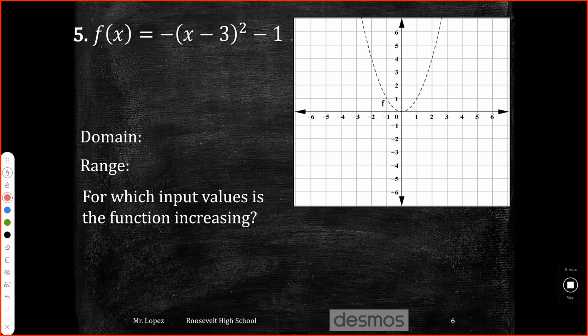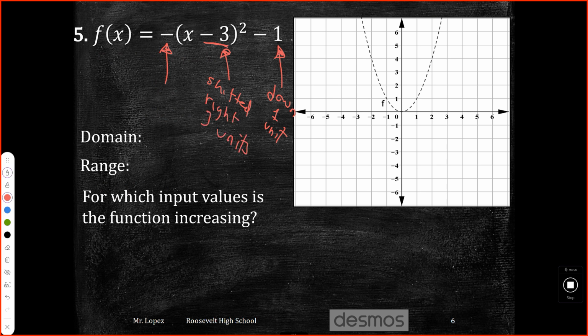Problem number 5. This one has 3 transformations. It's going to be upside down because of that, shifted to the right 3 and down 1. This one's going to be down 1 unit, and then because of this, it's going to be shifted right 3 units.